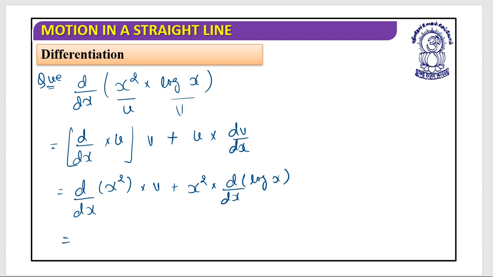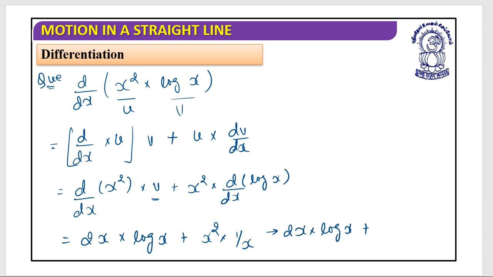So this is equals to 2x into the value of v, it is log x, plus x square into d by dx of log x. This is 1 by x. So this tends to 2x into log x plus x square into 1 by x. This would be the answer.